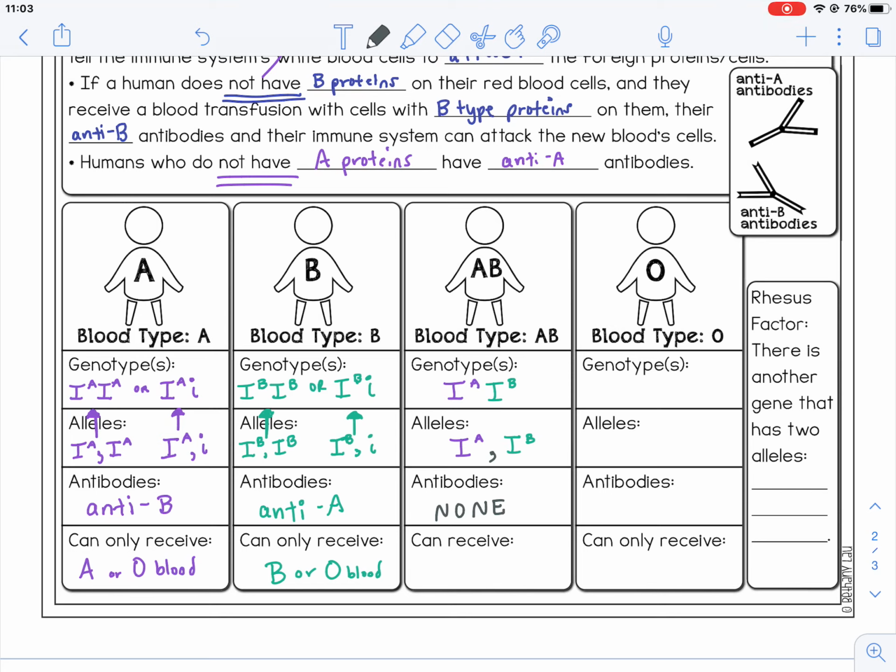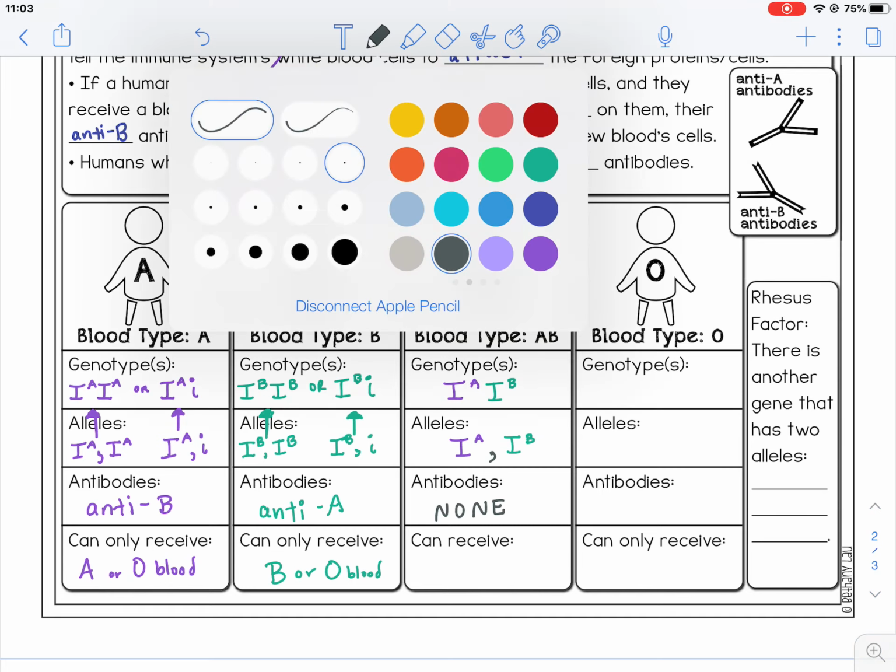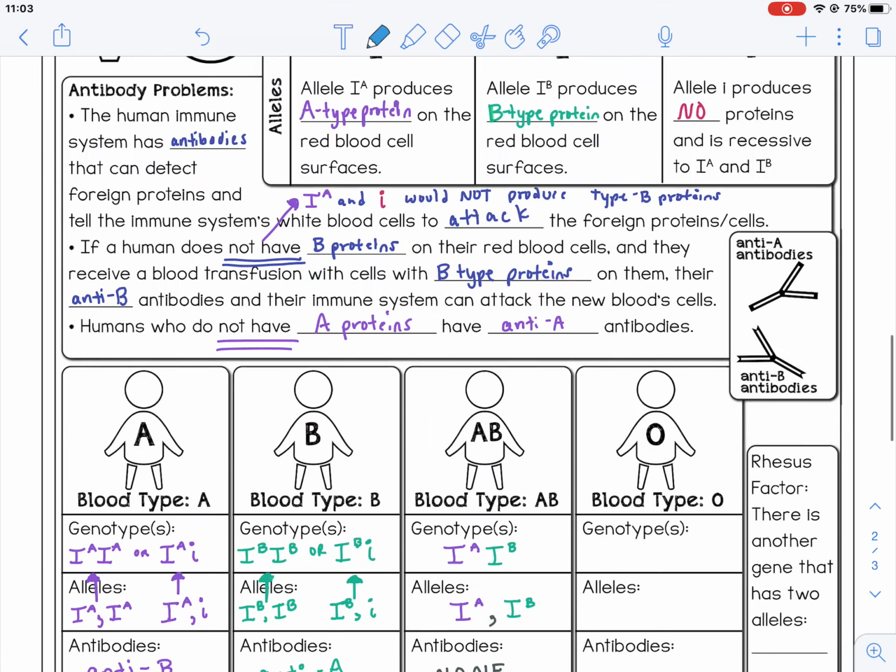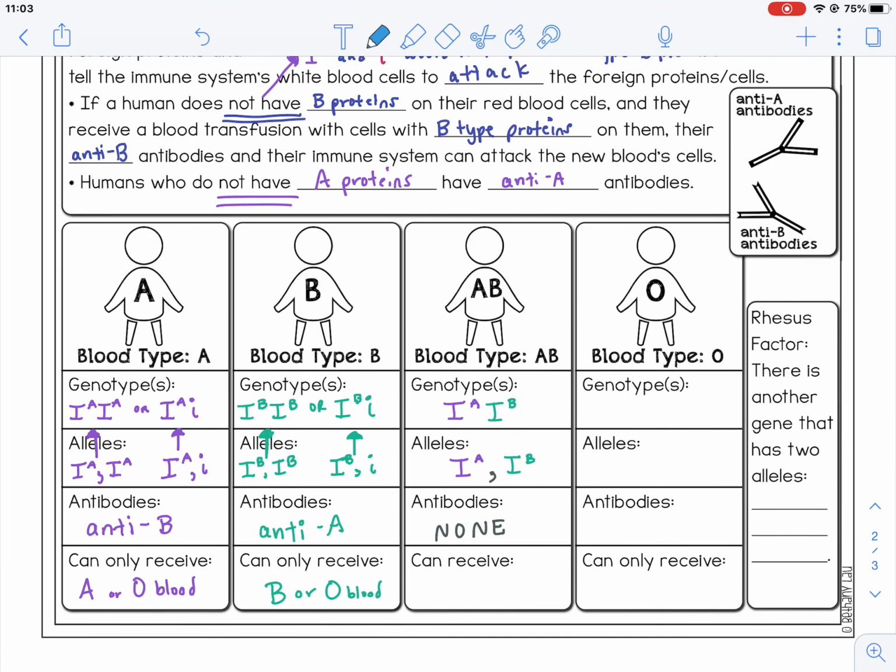Which is really useful for a person that's type AB blood type, because they could receive blood from A, they could receive blood from B, they could receive blood from AB, or they could receive blood from O, because they don't have any antibodies there, so they're not going to fight any of those off. So they could receive any of those.